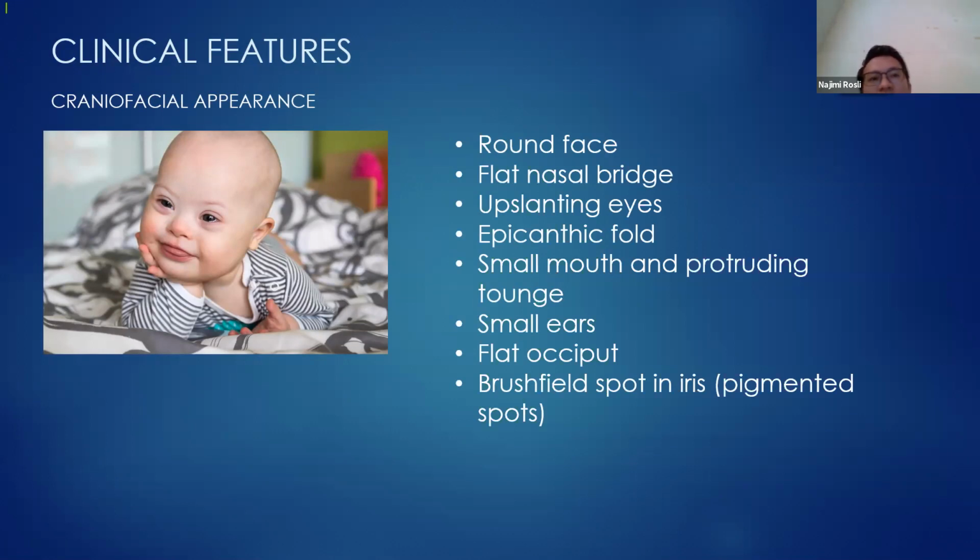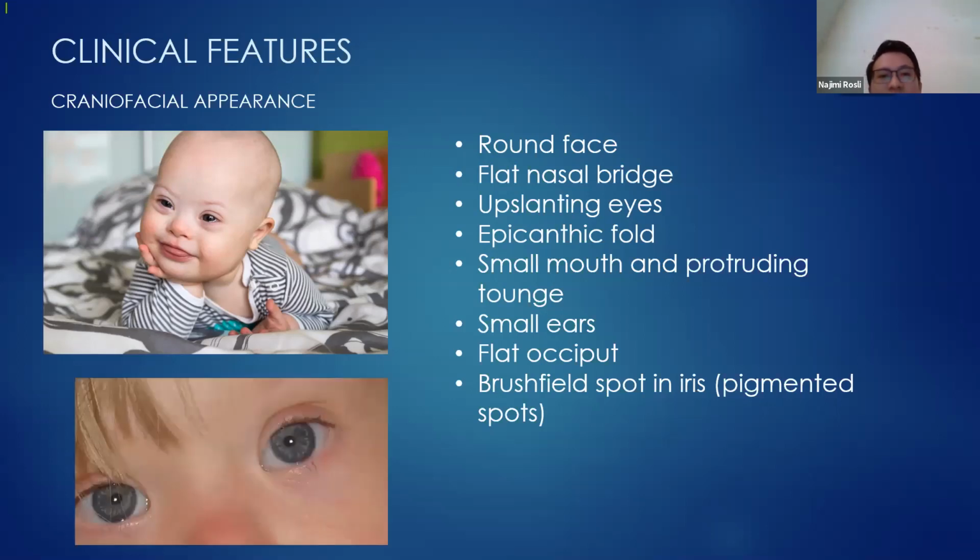The other anomalies are short neck, single palmar crease, incurved short fifth finger, and a wide sandal gap between the first and the second toes.